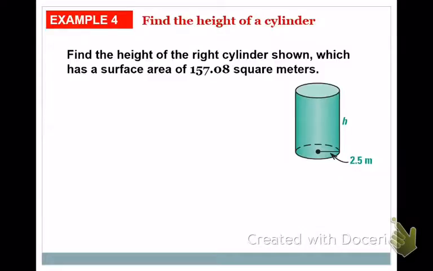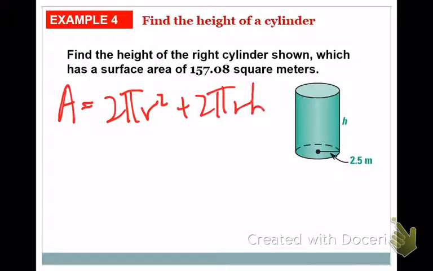Okay, so here we have the height of a right cylinder is shown. It has a surface area of 157.08 square meters. All right, so the area of a cylinder equals 2 pi r squared plus 2 pi r h.